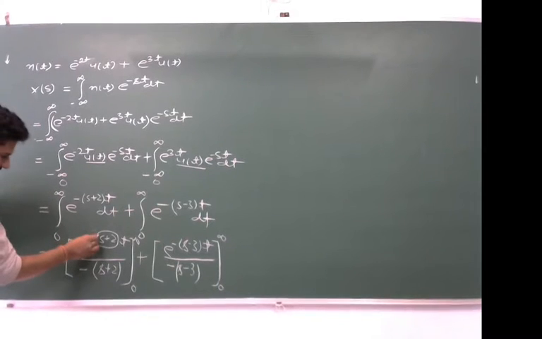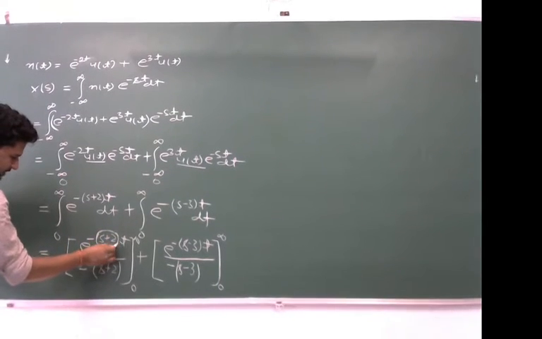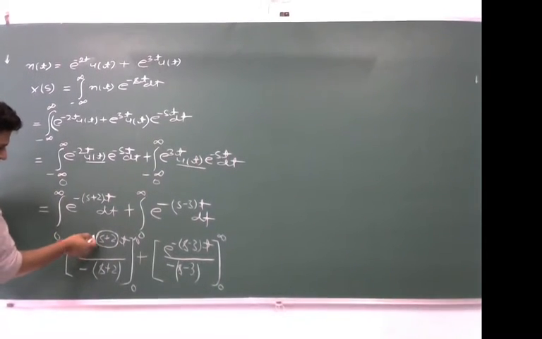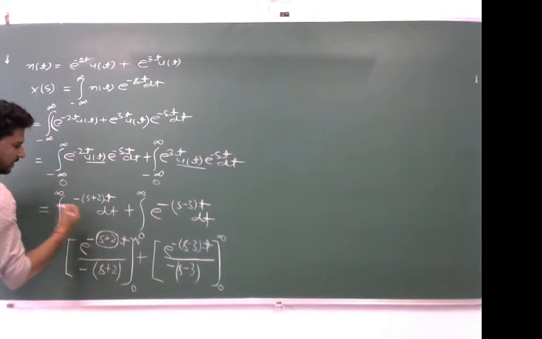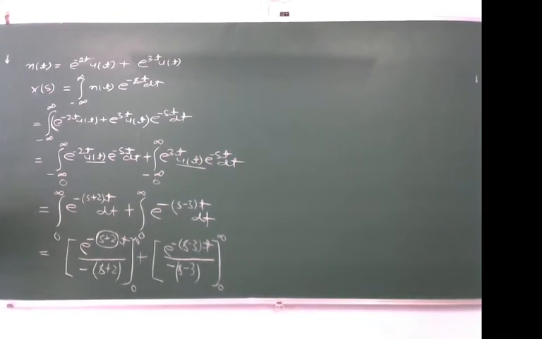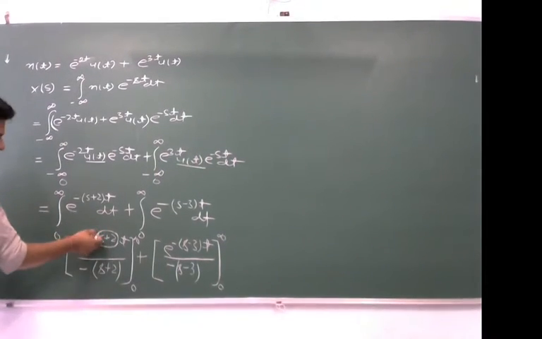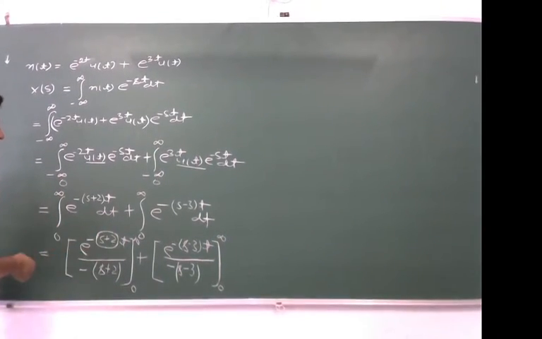But if the term s plus 2 is negative, then this will become e power plus infinity, and that will not lead to convergence. To converge the relation, it is needed that the term s plus 2 should be greater than 0.